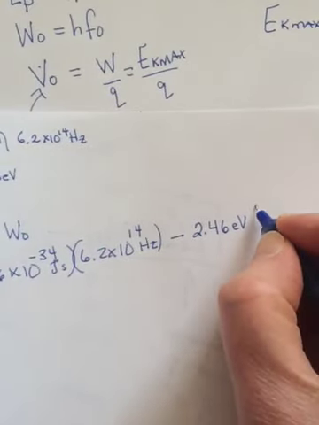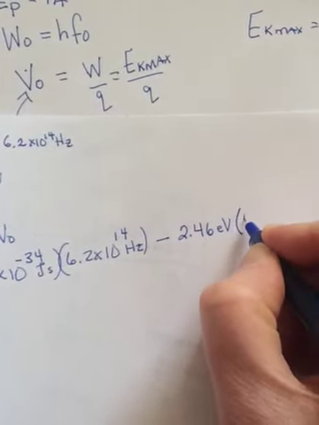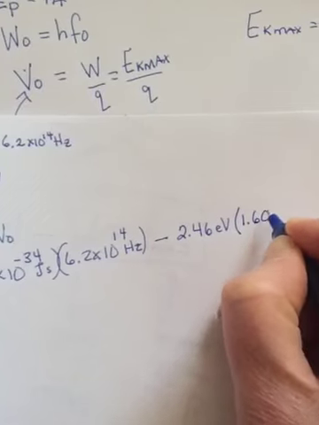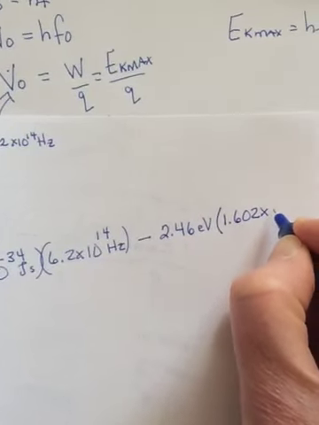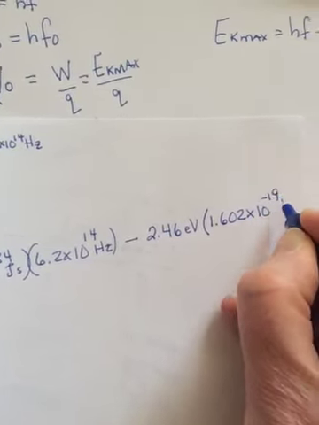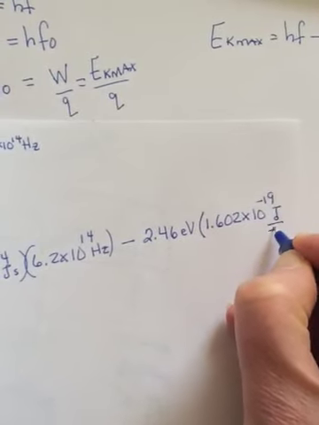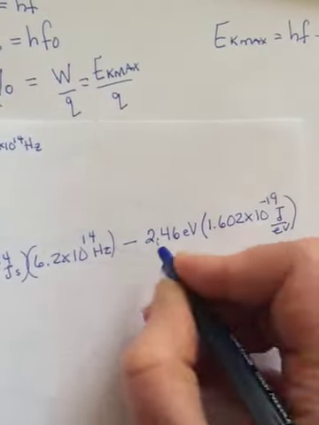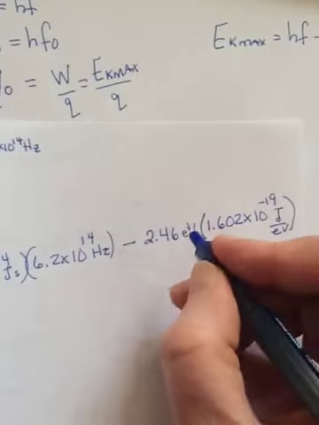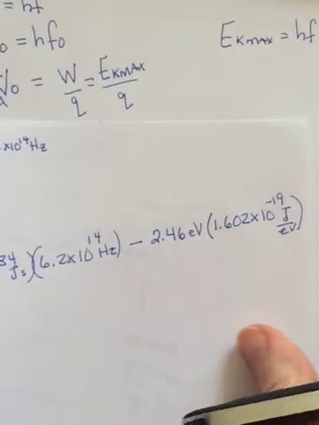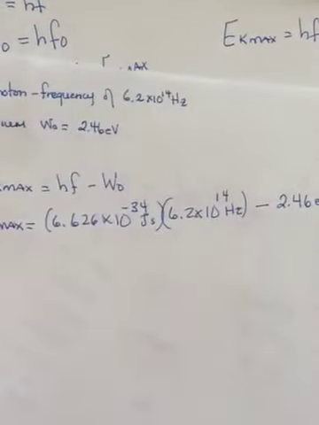To change it into joules, our conversion factor is 1.602 times 10 to the negative 19 joules per electron volt. When you multiply, the electron volts will disappear. You'll be left with joules, and then you can subtract.